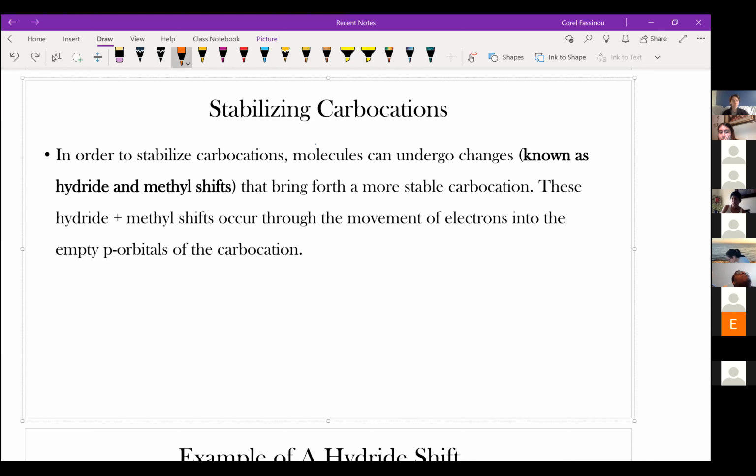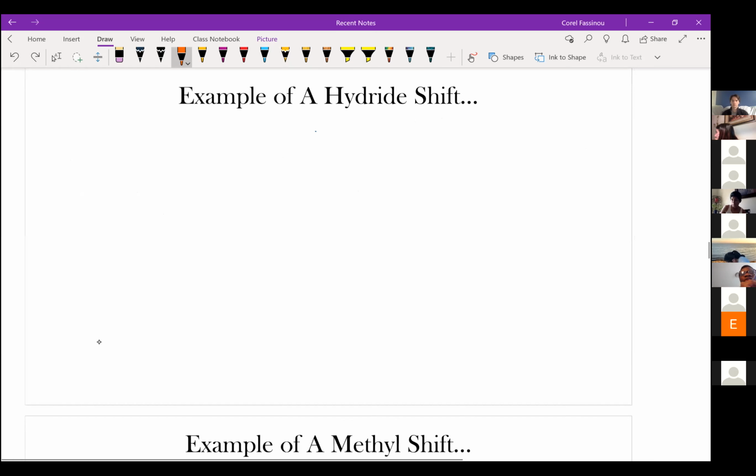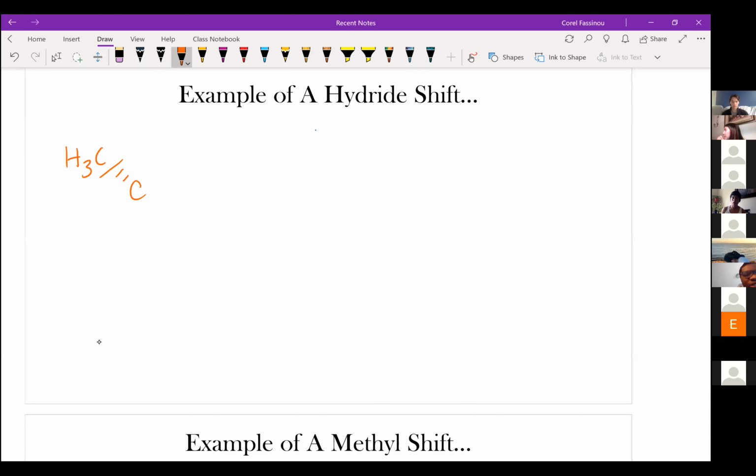So the empty p orbitals that we saw on the carbons where that positive charge was resting. So let's show an example of a hydride shift. Let's see what this looks like. So if we have a carbon, and in the back we have this methyl group attached.